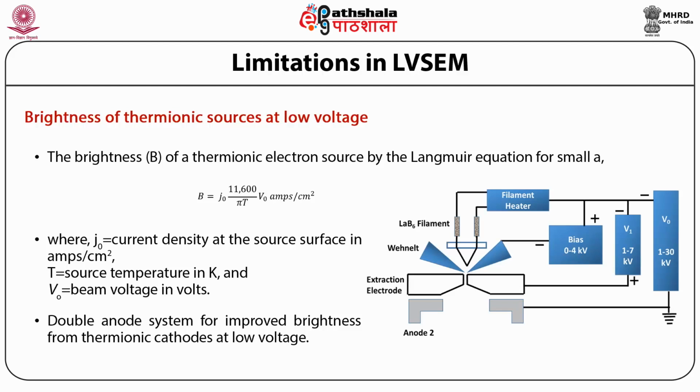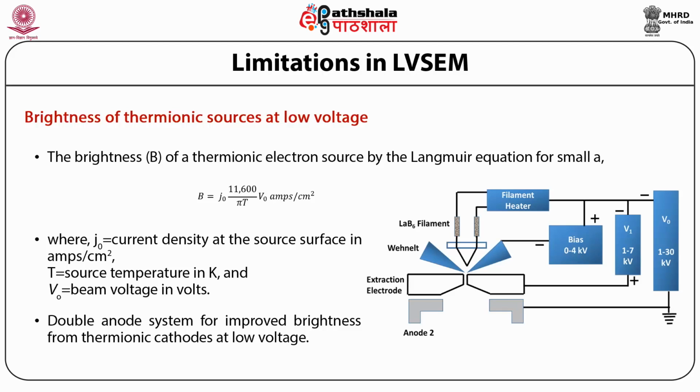At low beam voltage V0, this electrode runs a few kilovolt above ground to produce a higher constant voltage V1 and reduces the effects of space charge.